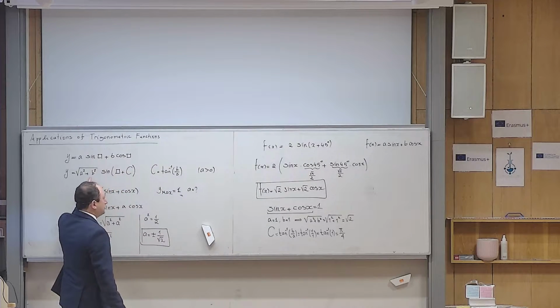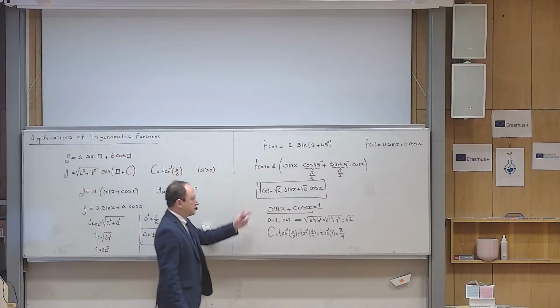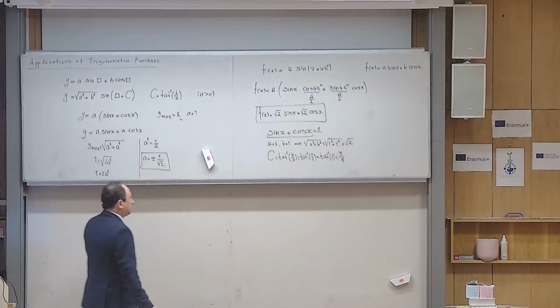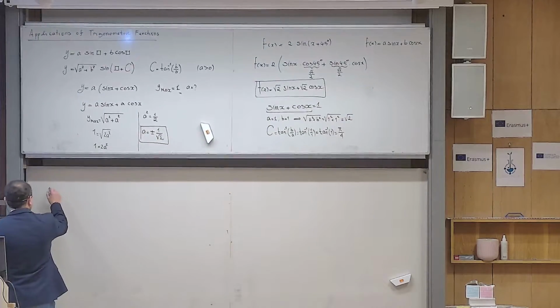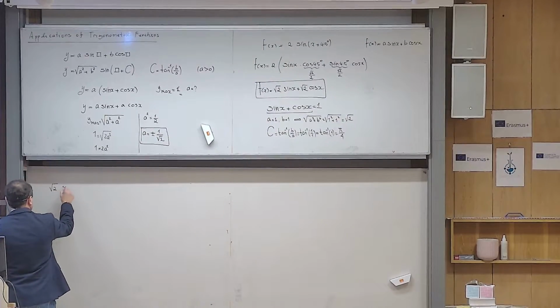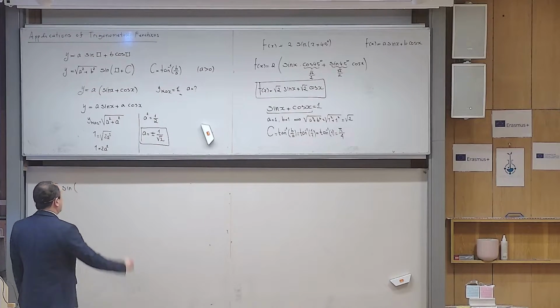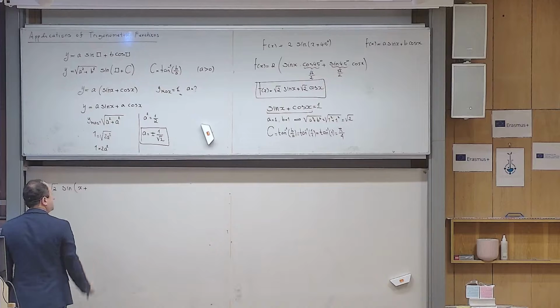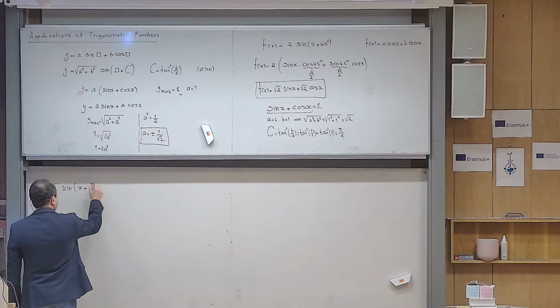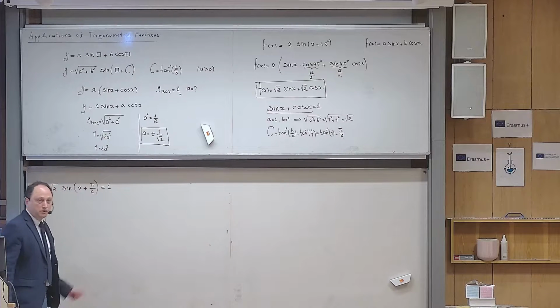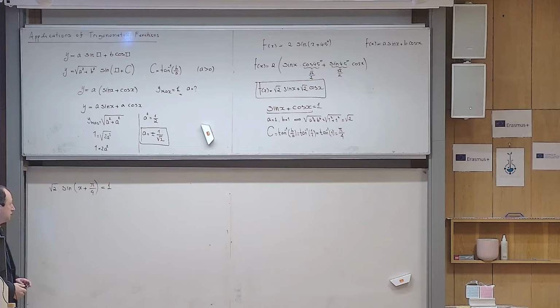And then you use the formula to rewrite the left-hand side, okay? So how should I write the left-hand side? The left-hand side is the square root of 2 sine of the box. The box here is x, and then plus capital C. With the capital C, I got it to be pi over 4, equals 1. And this is a standard problem, so hopefully you know how to solve that, yes?